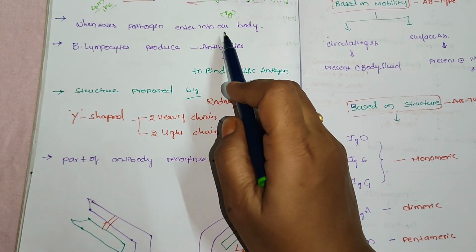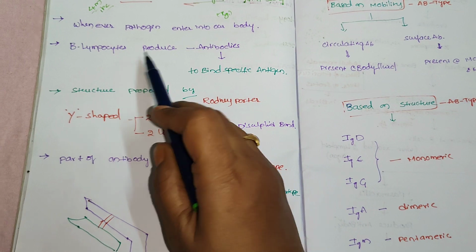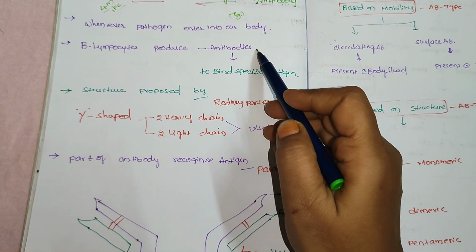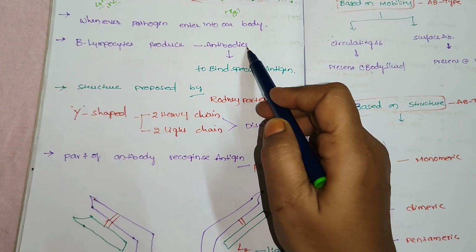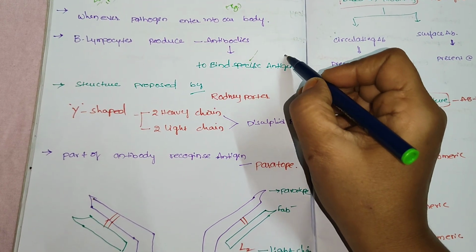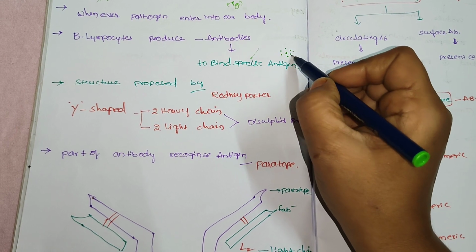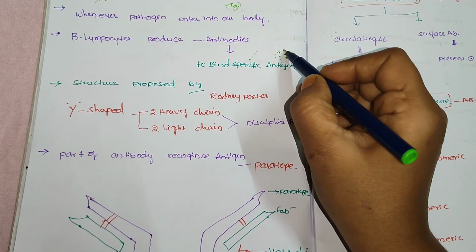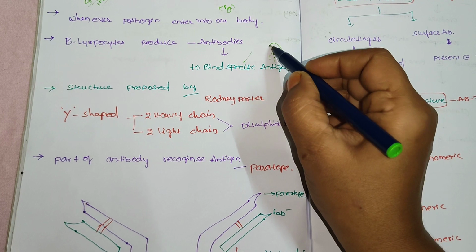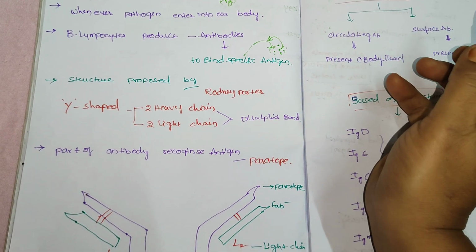When the pathogen enters into our body, the B lymphocytes produce antibodies, specifically for the specific antigen. Whatever the antigen or pathogen is that enters into our body, the same specific antibody will bind to the antigen.